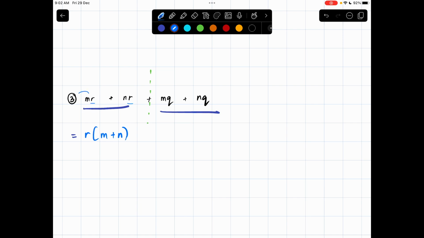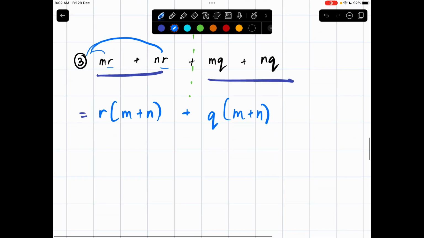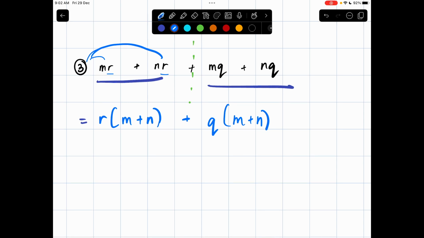R taken out, we have m plus n inside. The same thing here, we just put the plus sign here, and we'll have mq plus nq. As you can see, q is repeated. We take out q, and you will have m plus n. So here what we have to do is, we take out the term m plus n.